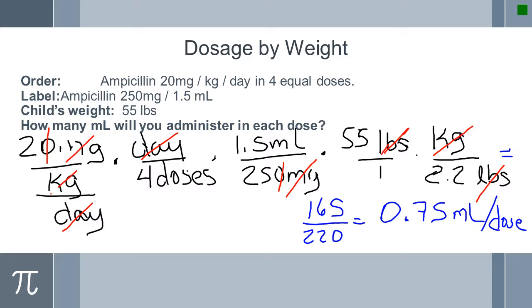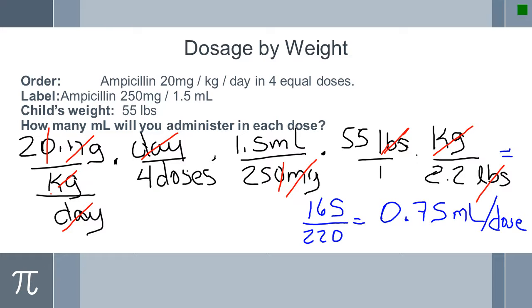And then on the bottom, I have 4 times 25 times 2.2, which gives me 220.